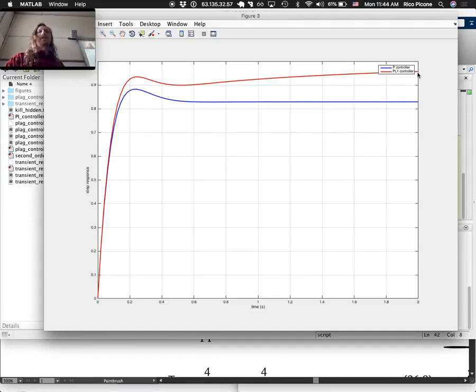We don't even go far enough out here. Even in 2 seconds, we don't see the steady state value that we come to, so we can't quite evaluate that performance yet. But my guess from just eyeballing this is that we're not getting a factor of 10 better than the original steady state error, which is like 17%, 18%.